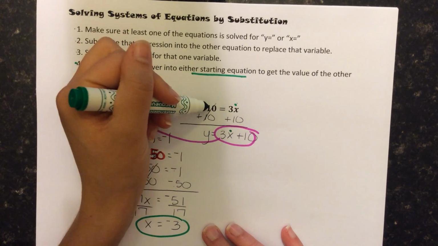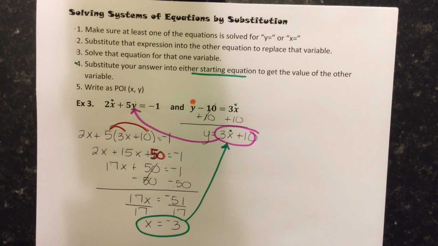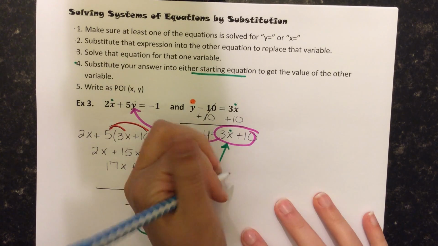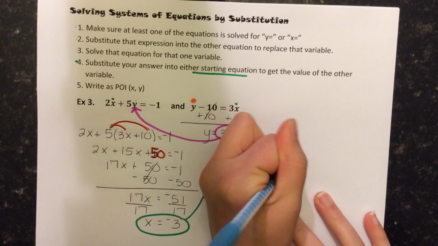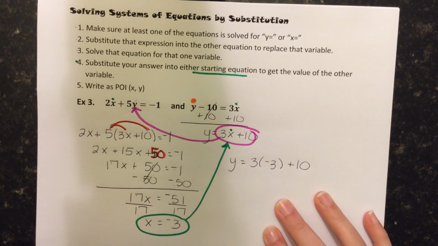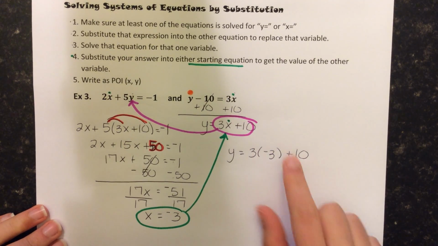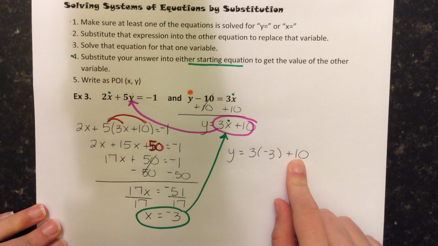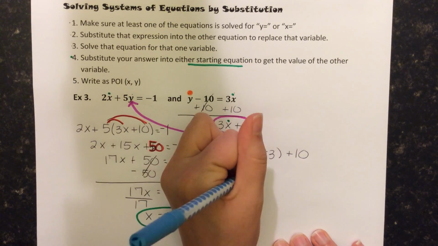This looks pretty easy to me, so I am going to definitely just plug my x into this equation. So y equals 3 times -3 plus 10. Okay, all you have to do at this point is just type that into your calculator to get your answer for y. Y equals 1.